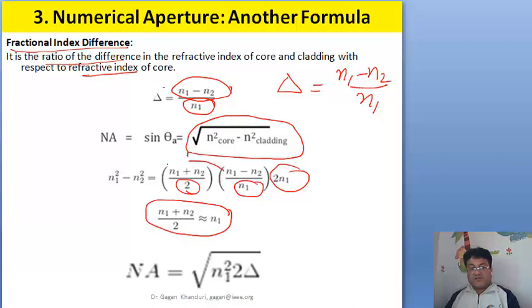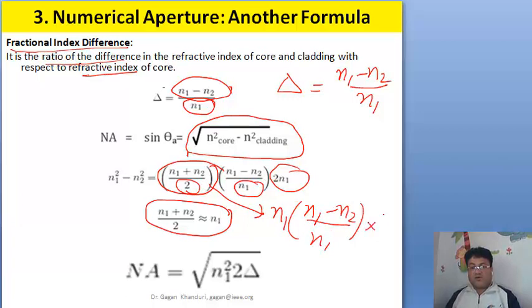So n1 plus n2 by 2 can be replaced by n1, and the remaining thing is n1 minus n2 upon n1 into 2n1. So one n1 and n1 cancelled.